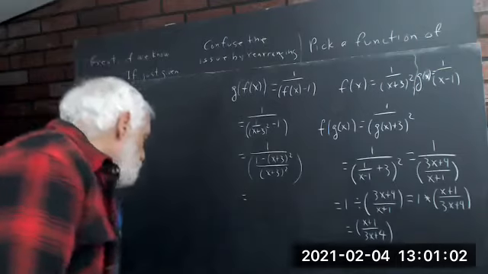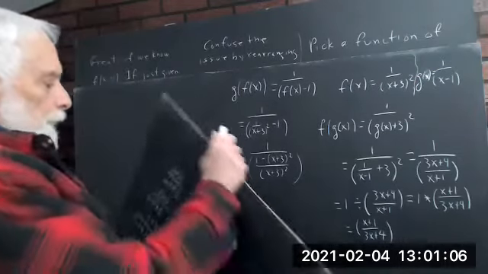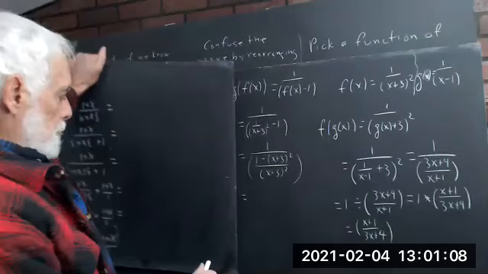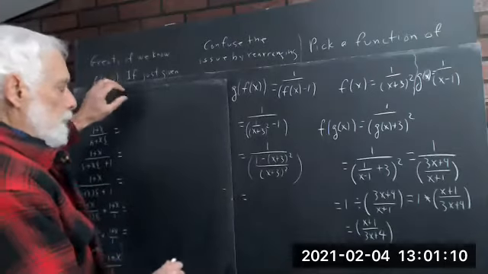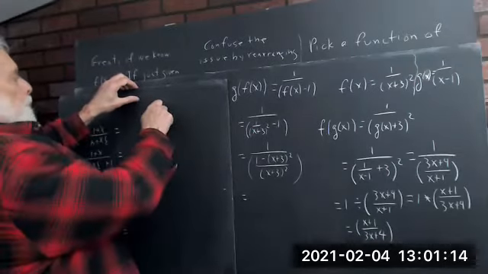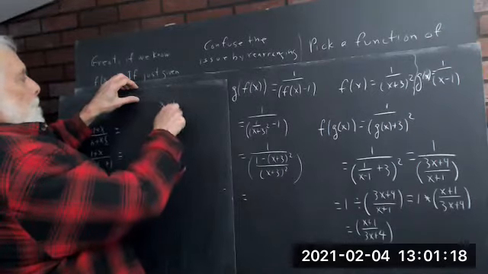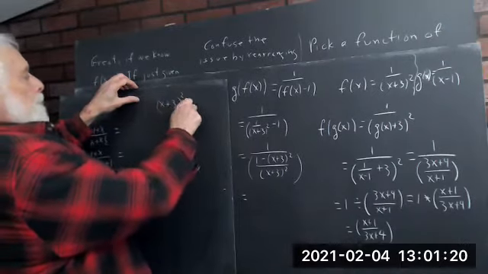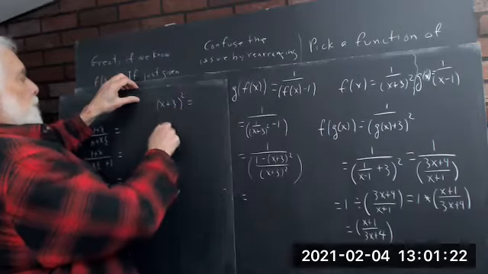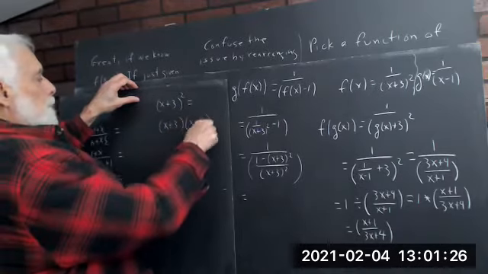And now let me digress and show you a little bit of algebra. Okay, so x plus 3 squared is x plus 3 multiplied by x plus 3.